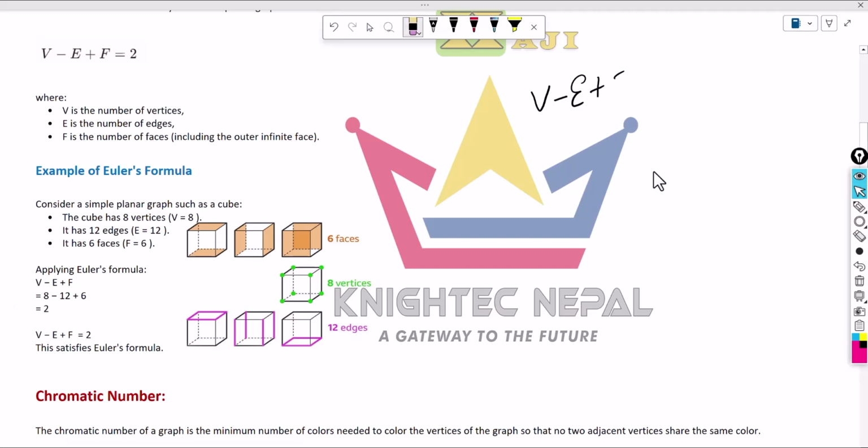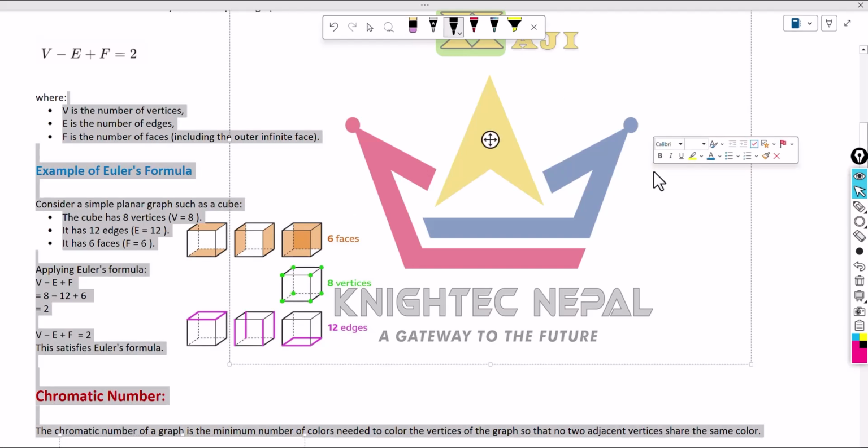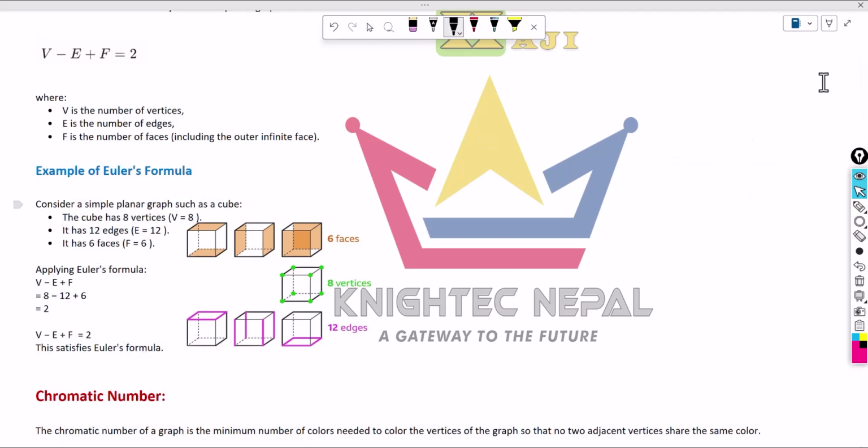Let us take this example. We have 8 vertices. Here I am drawing 1 vertex, 2, 3 and 4, and 1, 2, 3, 4.